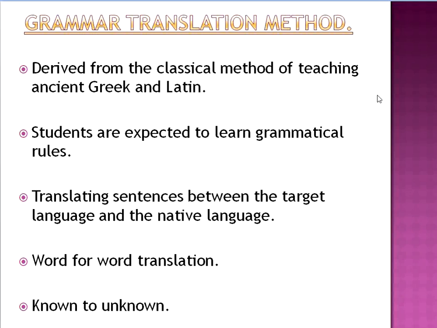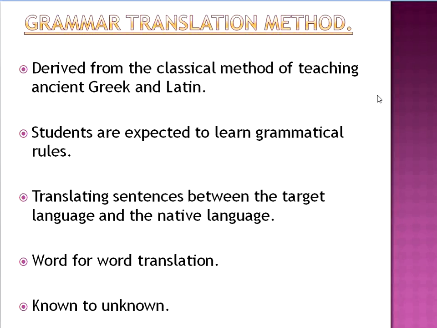So the known factor is the mother tongue, and the unknown factor for the student is the English language. That is why it is a journey from known to unknown, from the mother tongue to the target language, English. It is a very prominent point. So we have different points regarding the grammar translation method, and you have to concentrate on these points very clear-headedly.